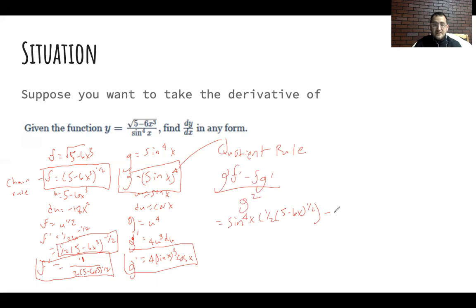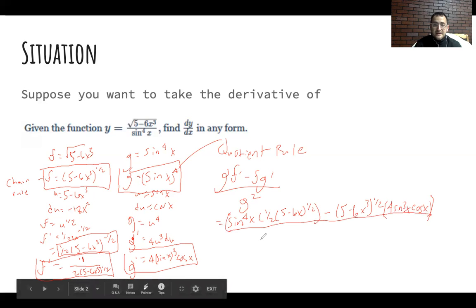And then my f is going to be 5 minus 6x cubed to the 1/2. And then my g prime is going to be 4 sine of x cubed times cosine of x. All of this is over the square of g.